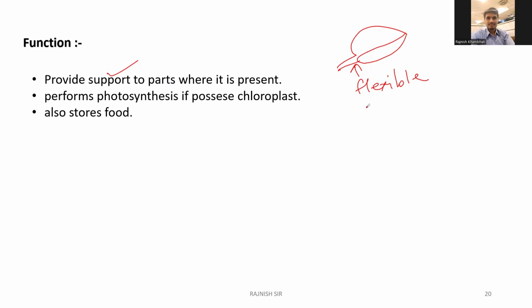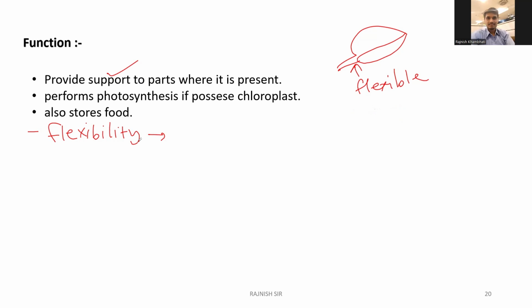So first, they provide flexibility to the plant. I forgot to mention it here, but you have to understand. It is because of this that a stem is flexible. If you try to bend the stem, or pull the leaf, it will not be directly broken.